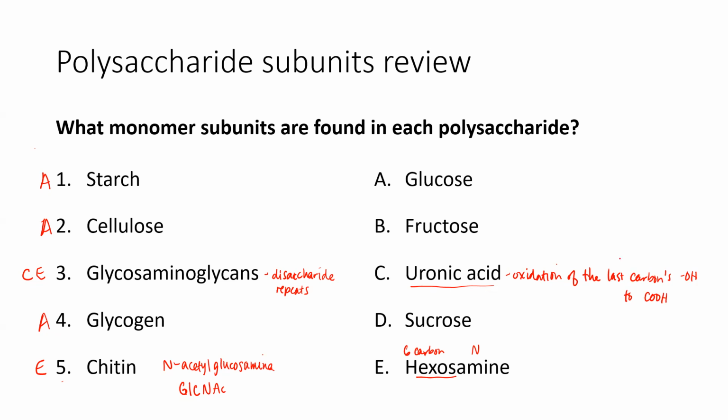The last carbon is often carbon 6 for a 6-membered sugar, but not always. Depending on how many carbons are in your sugar, the last carbon might be a different number. And uronic acids are different from another modification, right? Onic acids. Does anybody remember what the modification is when we see an onic acid?